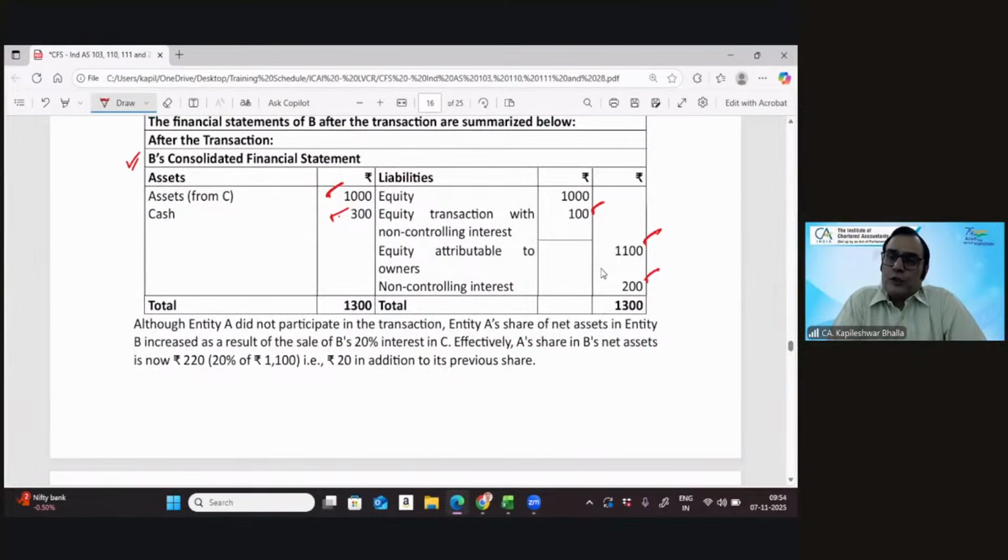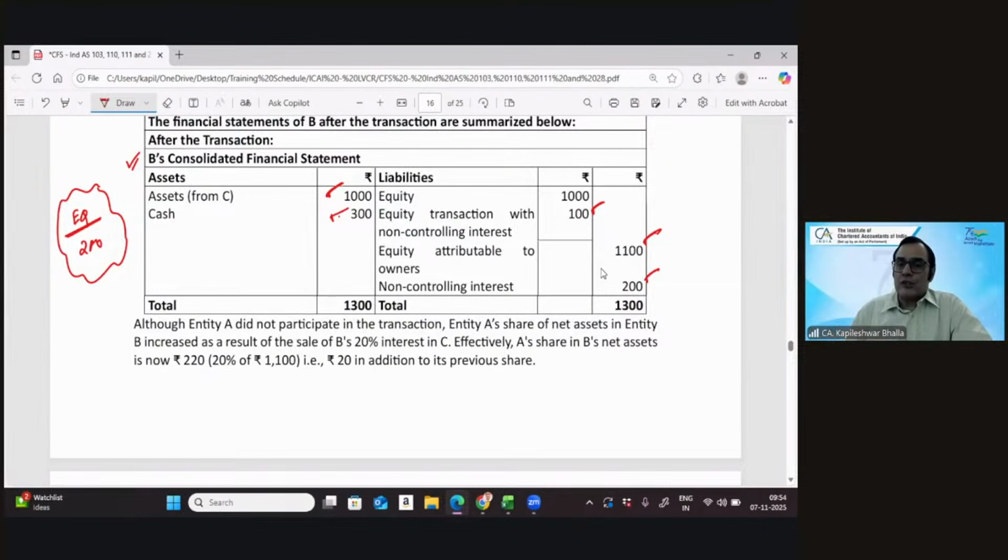Now, the quick question that comes to mind is, because of this sale, did the equity of the company increase by 200? If the equity increases by 200, will you put an entry of investment debit, P&L credit, OCI credit, or are you going to credit equity?